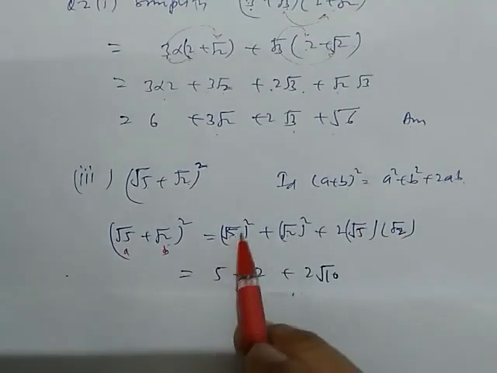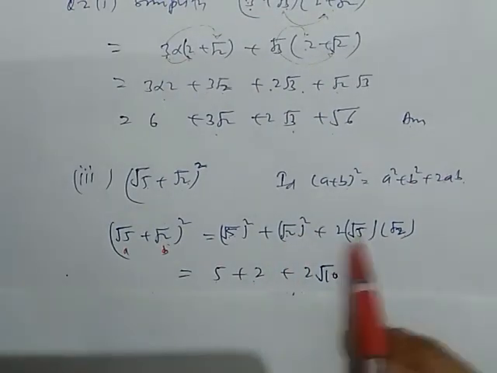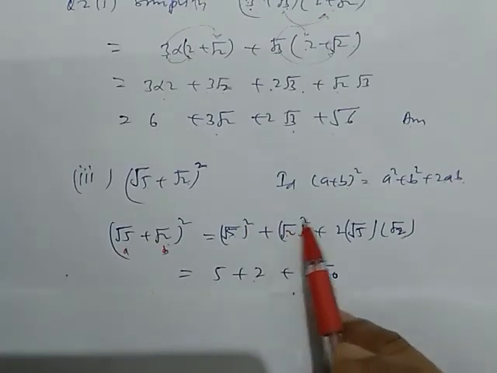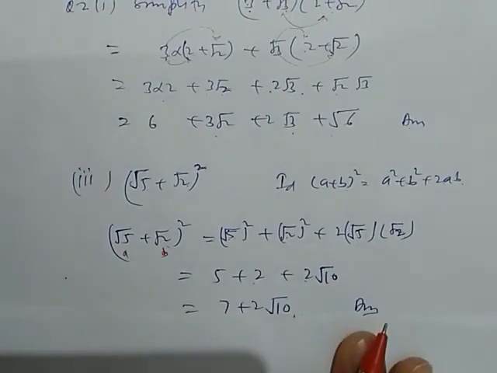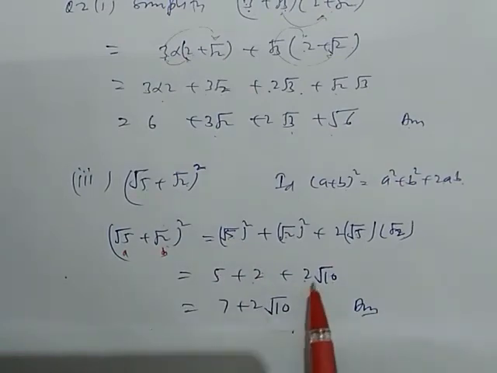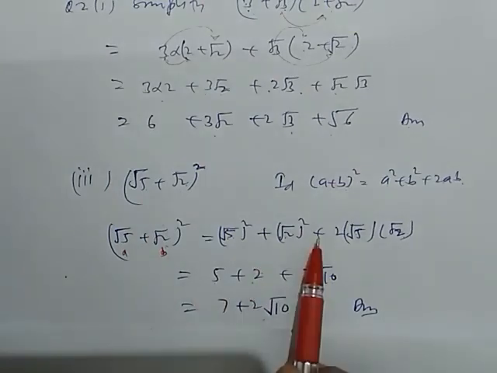Now solve this. This becomes 5, this becomes 2, because this square root cancels with this square. Here 5 into 2, 10. So this becomes 2 root 10. 5 plus 2 is 7, and this is 2 root 10. So this way we can solve this type of problems.